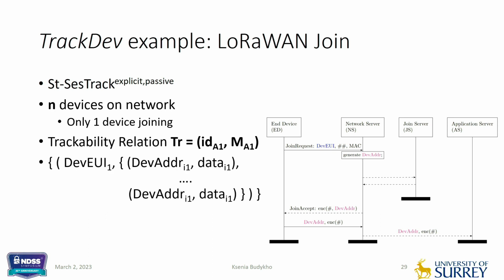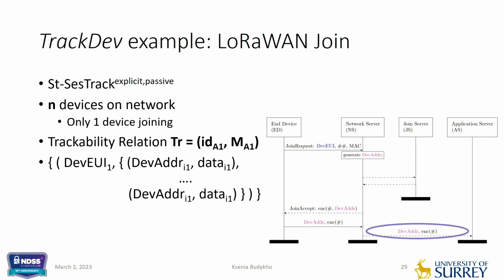So in this scenario, our attacker observes the join request message that appears in the network, and then they see a soon-to-come join accept message, which comes in a predictable number of seconds as per the LoRaWAN specifications.